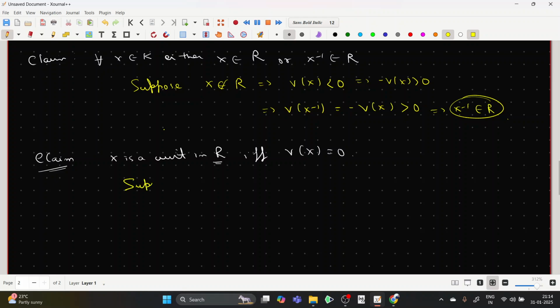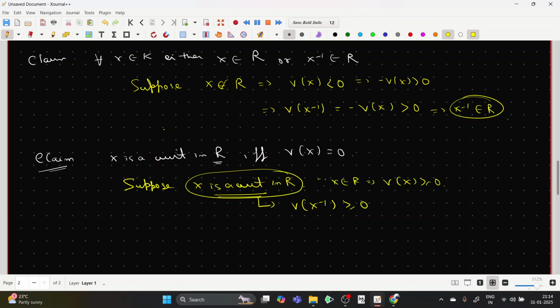Firstly, suppose x is a unit in R. Now this is the trivial part. Since x is in R, the valuation is greater than or equal to 0. Since x is a unit in R, the inverse of x exists inside R, so x inverse is inside R, and so its valuation must also be greater than or equal to 0.